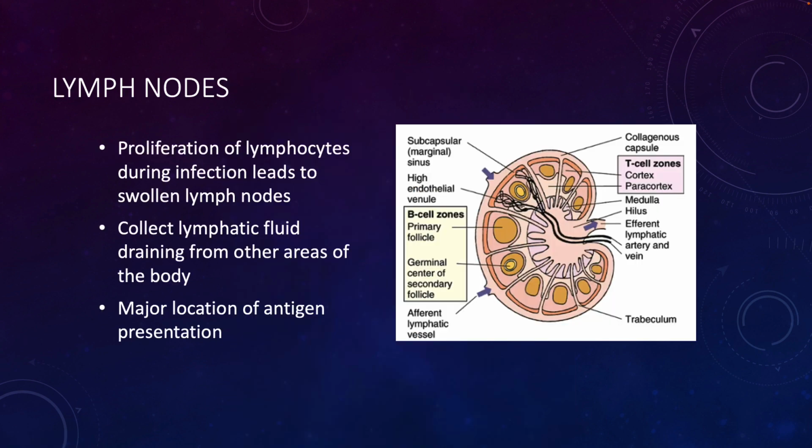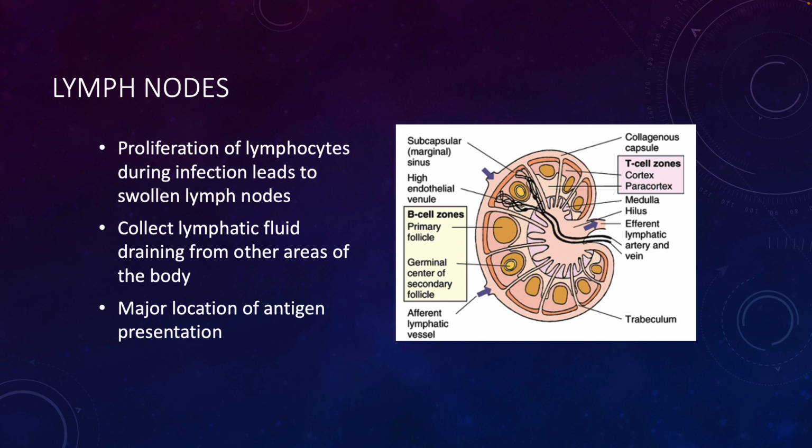In the lymph nodes, generally that's where you'll have some antigen presentation occurring. So when you have an infection, you'll have lots of white blood cells that will go to the nearest lymph nodes. And so you can have cases where patients will have swollen lymph nodes.